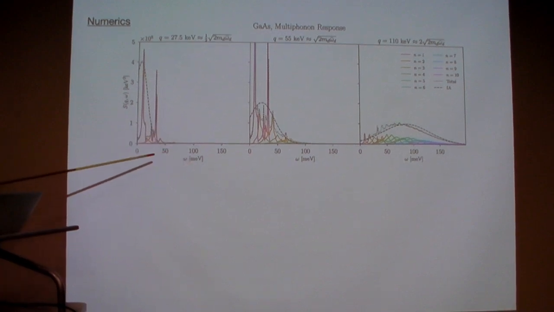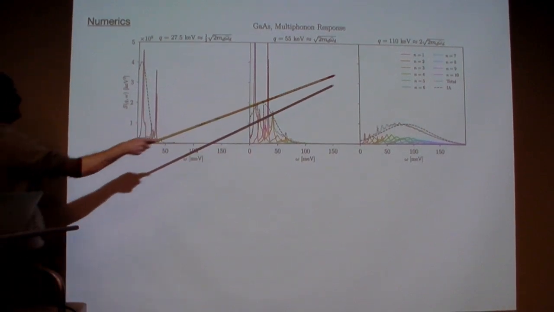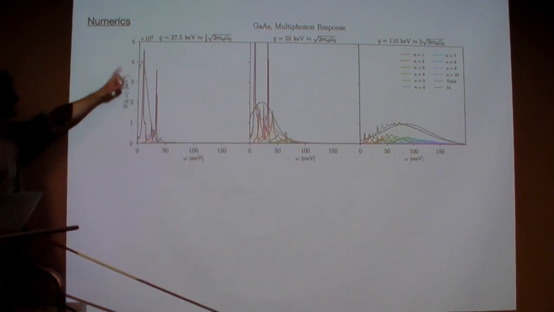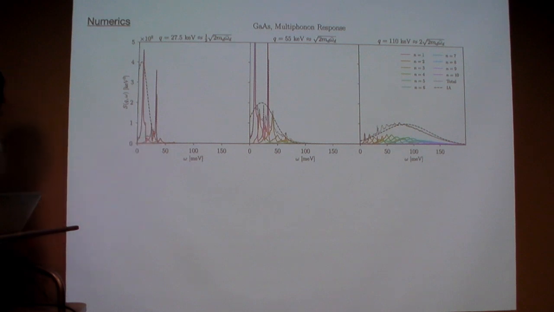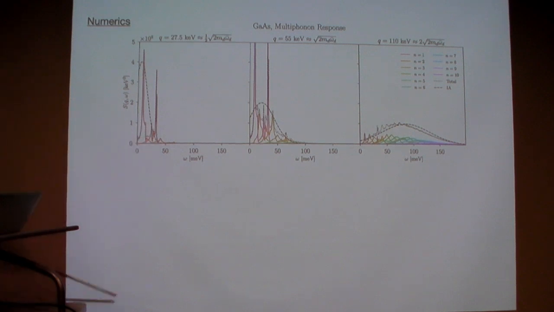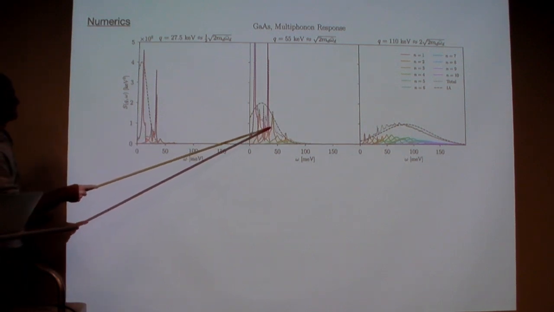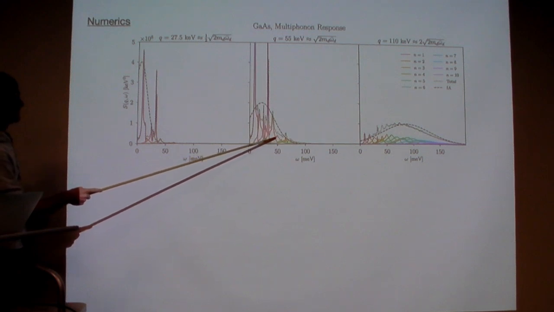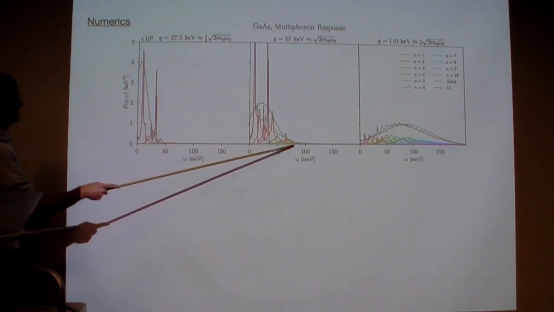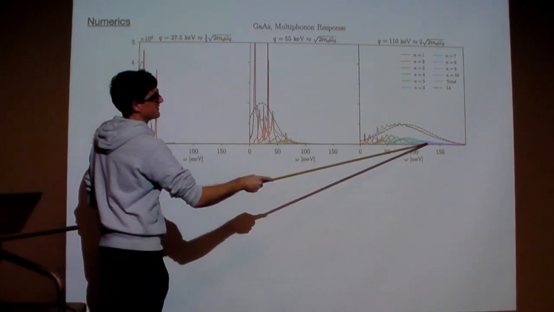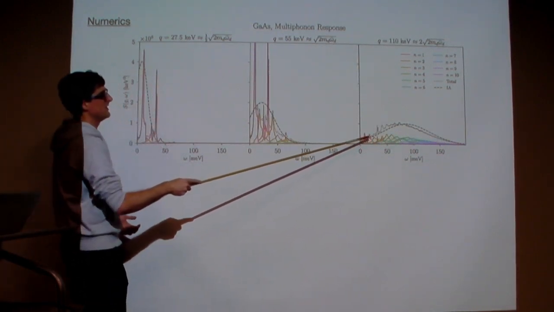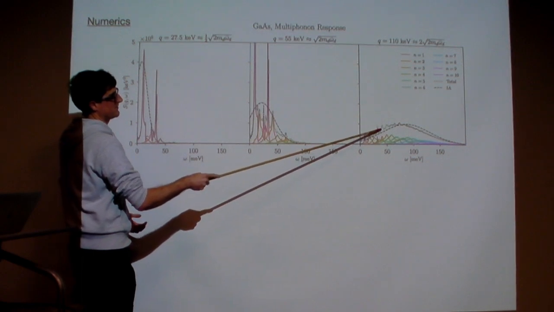If you're scattering at very low momentum, you're basically only exciting one phonon at a time, and you're seeing the density of states helping out, so you see acoustic modes and optical modes over here. Once you go to intermediate momentum, the 2-phonon contribution starts mattering. There's a little 3-phonon, and the 4-phonon starts coming in a little bit as well. Once you get to very high momentum, all of these contribute roughly the same amount, and if you add them up, you get this dashed line over here.